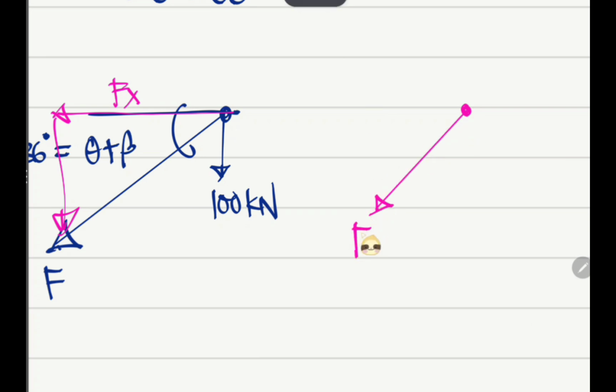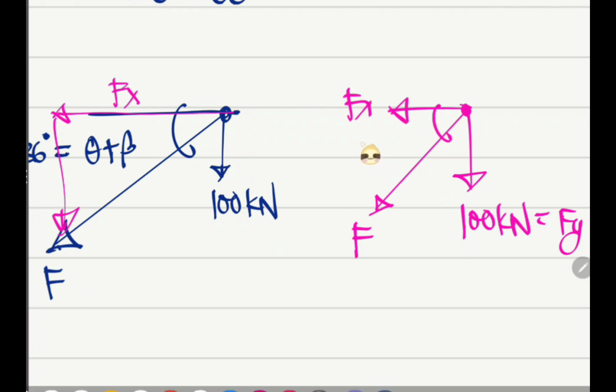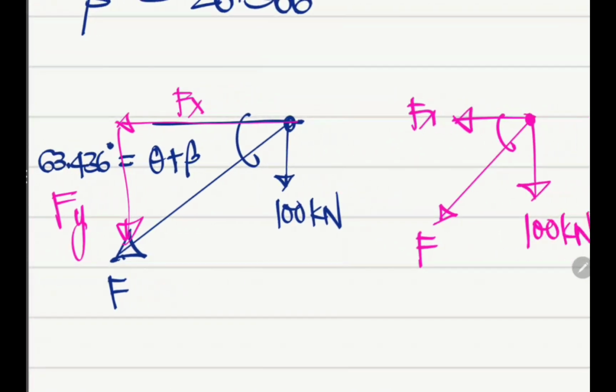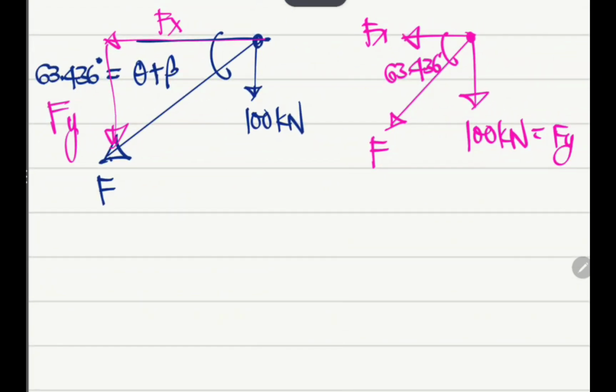So F is 100 kilonewtons, this is Fy, this is Fx, and this is 63.436 degrees. So whichever is easier for you to analyze.